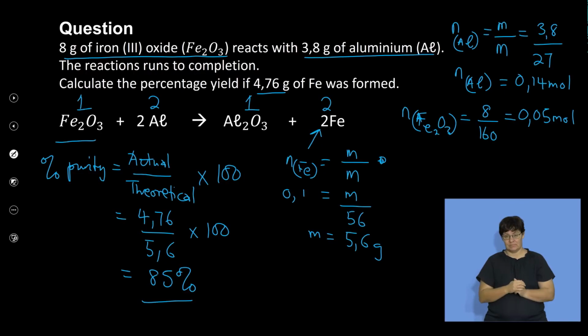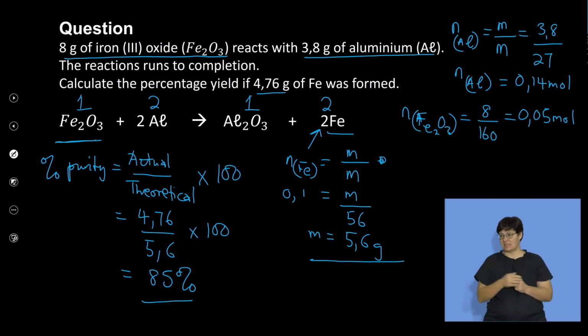If we analyze the whole idea of this problem, we are saying that if the stoichiometric ratio is 1:2, it means a mole of iron(III) oxide produces double the number of moles, which enables us to get the mass of iron that is theoretically expected.